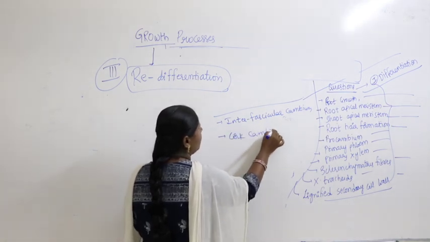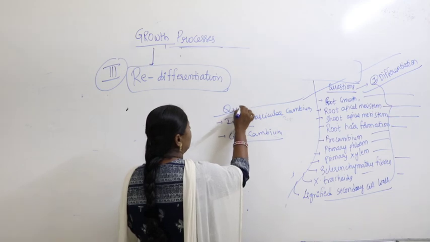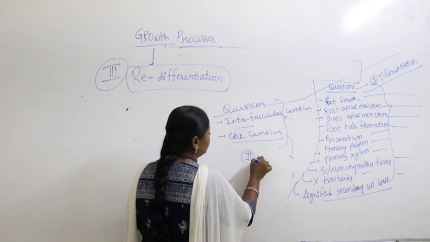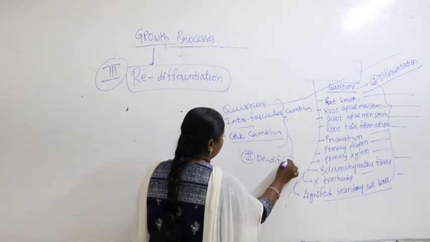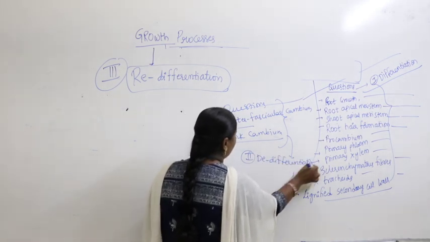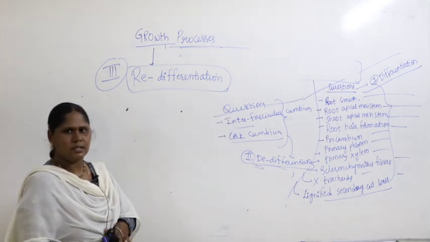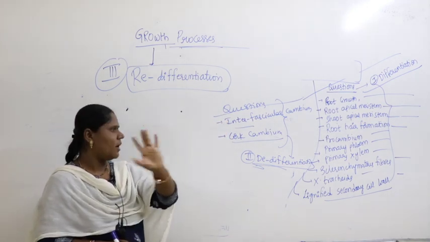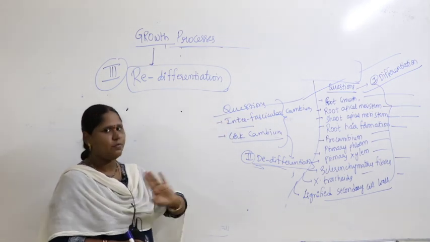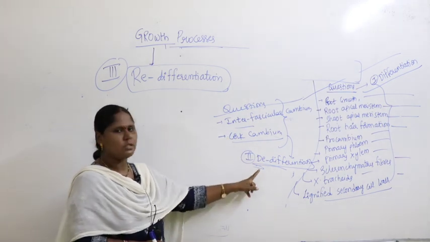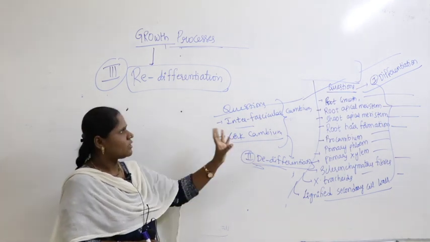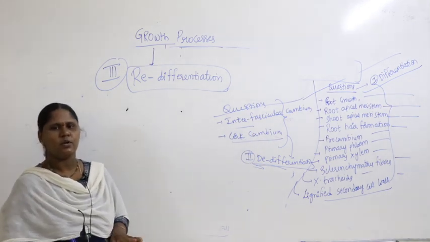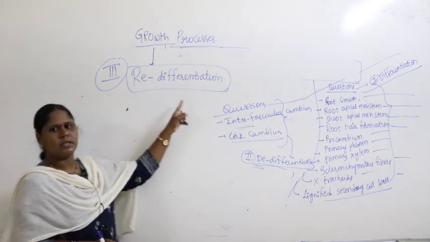Whenever the questions are on these, the answer is de-differentiation. If the question is on formation of interfascicular cambium, choose the option de-differentiation, not differentiation. Formation of cork cambium is also by de-differentiation. So differentiation is completed, de-differentiation is completed. What is the third one we have to continue with? Redifferentiation.